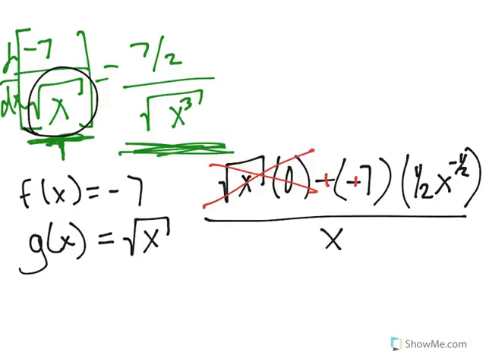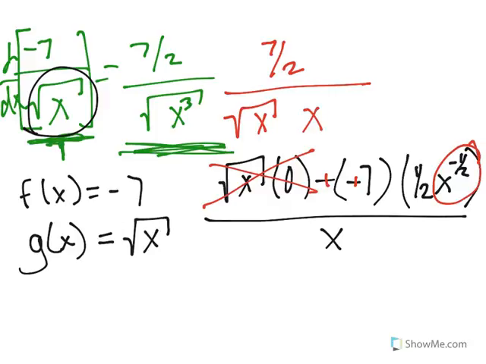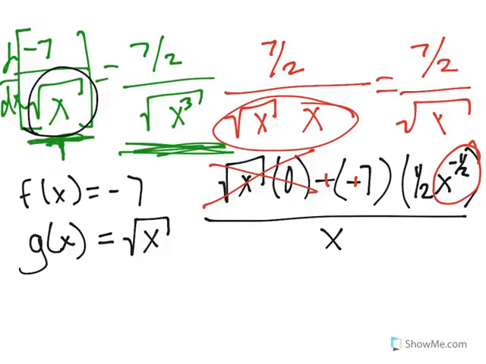And so we have 7 over 2 over square root of x, because here we have our x to the negative 1/2 times x, and so we know that this denominator is just equal to the square root of x cubed. And so in fact we found out that we get the same thing using the quotient rule as in the case that we did before, using the power rule.